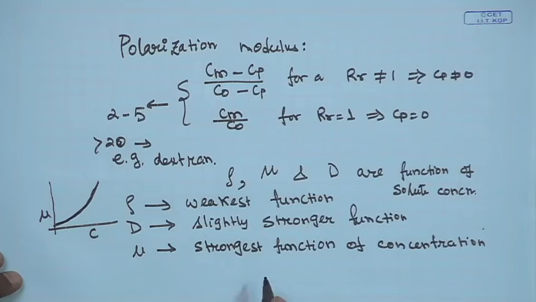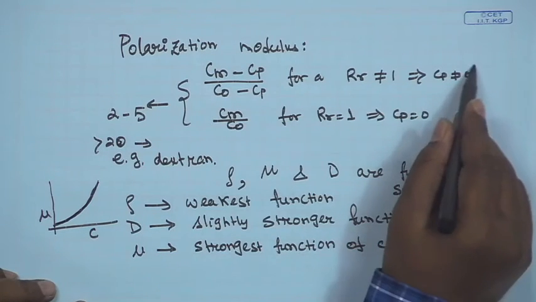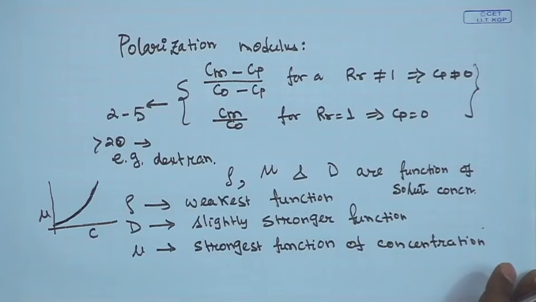So, from the values of polarization modulus, we can see that concentration polarization becomes very dominant in case of some solutes. Therefore, the solute concentration may rise to 4 folds, up to 20, 30 or even 50 folds of the feed concentration. So, the transport properties will suffer the most, and out of these, the viscosity suffers the most.